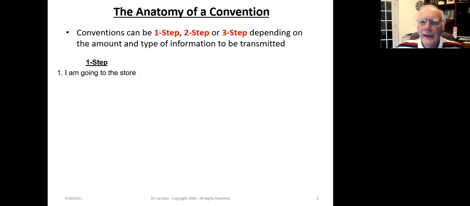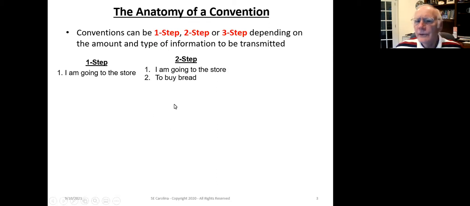Let's look at it from the standpoint of an analogy. In a one-step, you say, I'm going to the store. That's a simple declarative sentence that says, this is what I'm going to do. In a two-step, you say, I'm going to the store to buy bread. So you've got two steps.